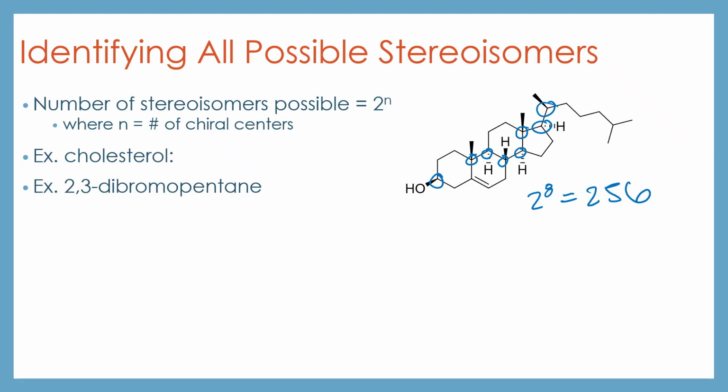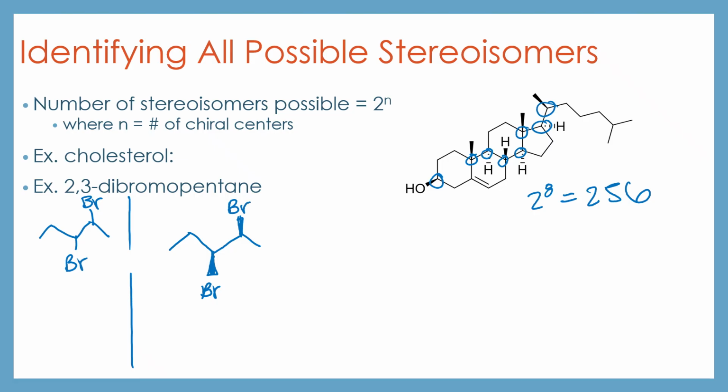So 2,3-dibromopentane. We have 2 chiral carbons, which means we have 4 potential stereoisomers. Now, to start drawing your stereoisomers, you have to just pick one and draw it. So one possibility would be that both of the bromines are on wedges.